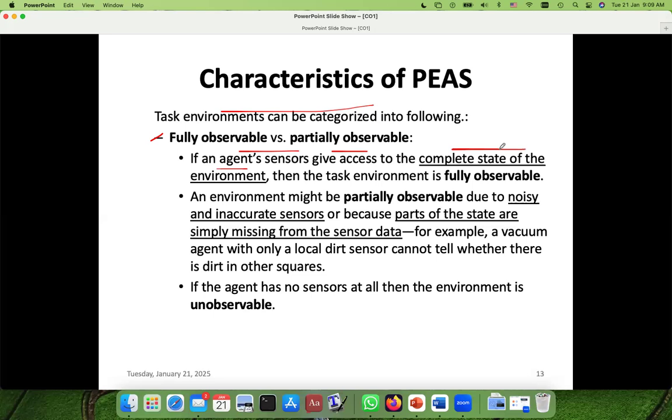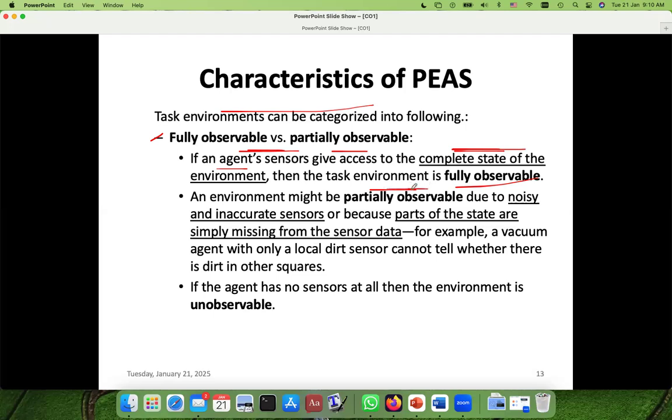Your agent can go into these different states, and based on those states and observations, your agent can perform something. Anyhow, we already discussed this when I was discussing the vacuum cleaner. Location is a state. Dirt is available or dirt is not available, it is also a state. If the sensors of the agent can access the complete state of the environment, then it is fully observable. If not, then it is partially observable.